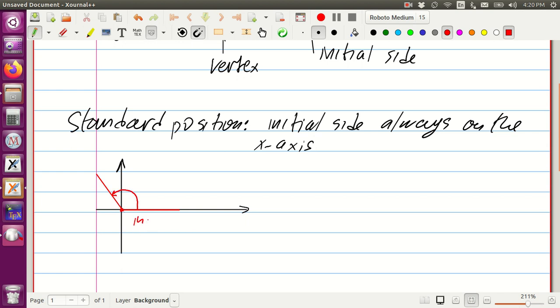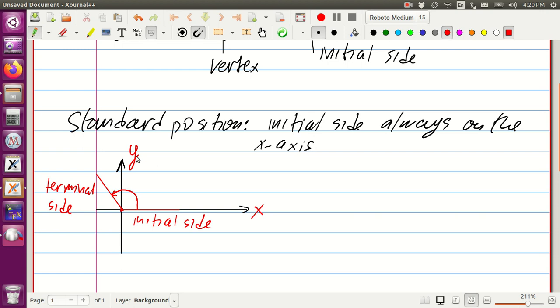So this is the initial side, and this is the terminal side. Again, the arrow shows you start at the initial side and go to the terminal side. This is your x-axis and this is your y-axis.